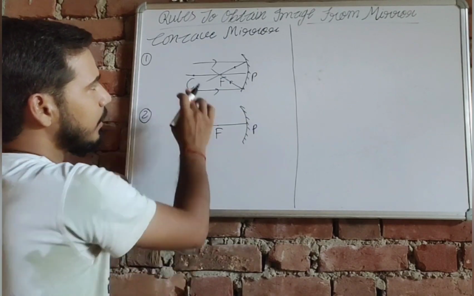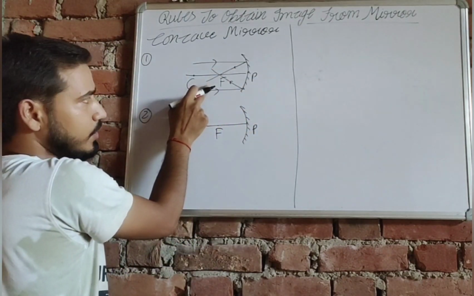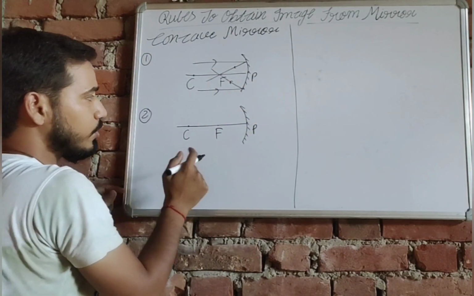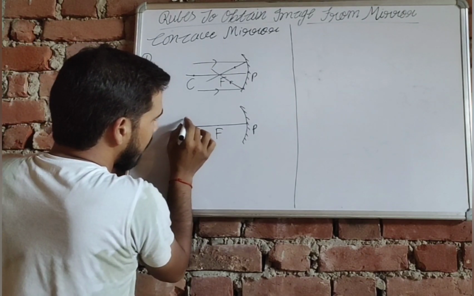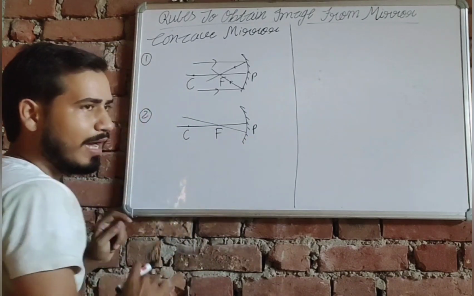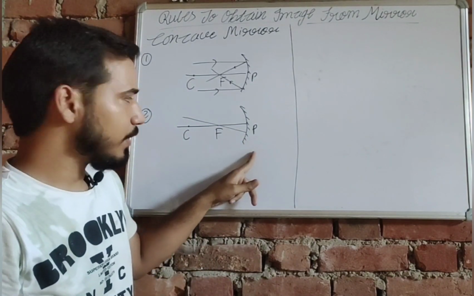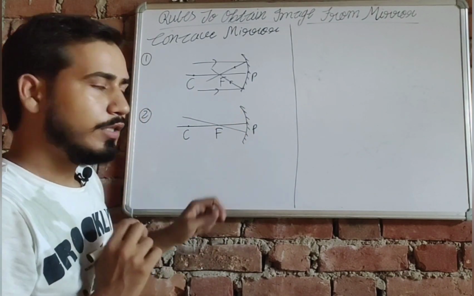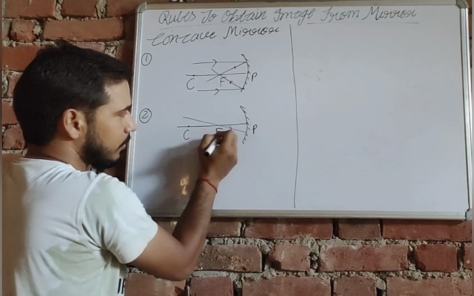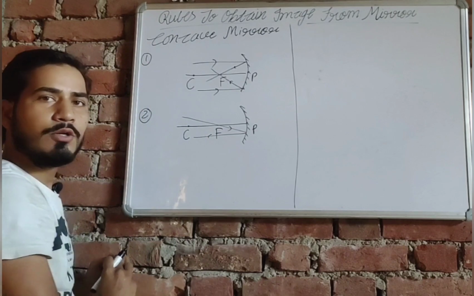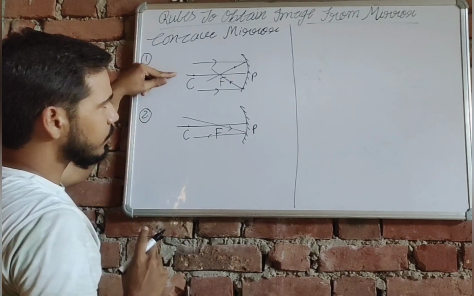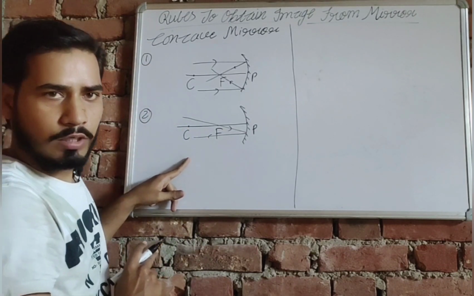In the first rule we said that a parallel beam of light after reflection passes through F, but here we are going to say, in case a ray of light is passing through the focus of the concave mirror and falling upon the mirror, then after reflection this ray becomes parallel to the principal axis, just opposite to the first rule.